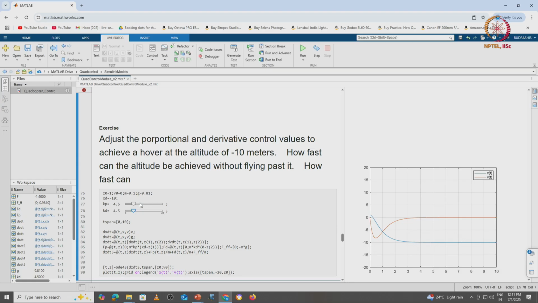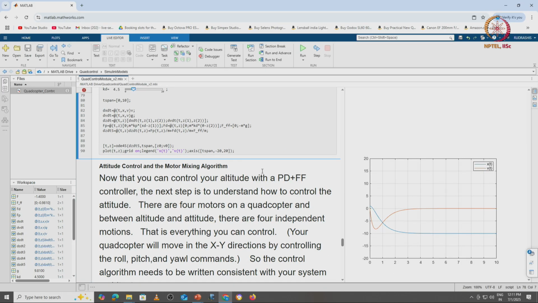You may consume more power. So we can tweak the gains based on the specification requirements, and then implement those gains in our system. Currently I am demonstrating everything with respect to a 10 meter altitude. I have a forward gain and I have the PD implementation.